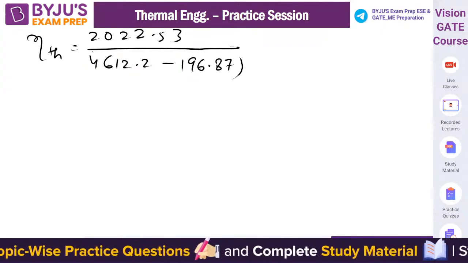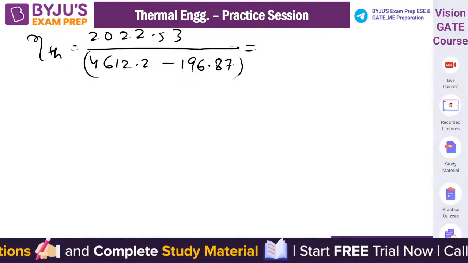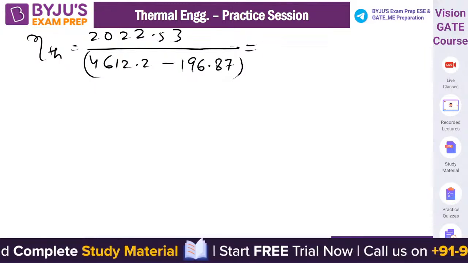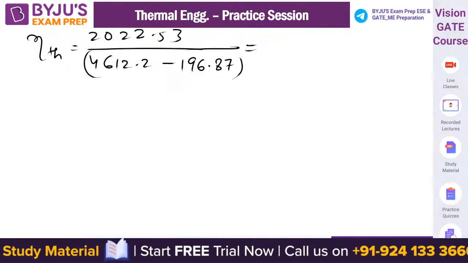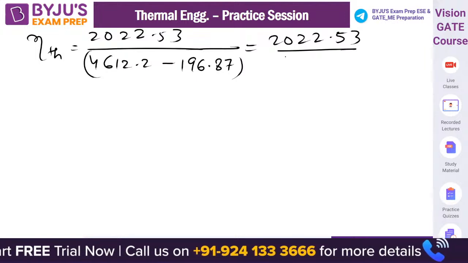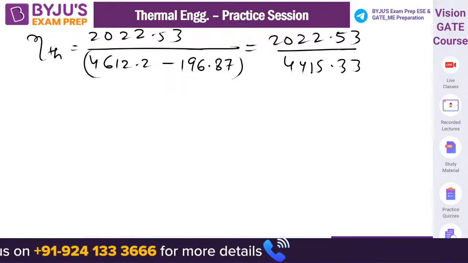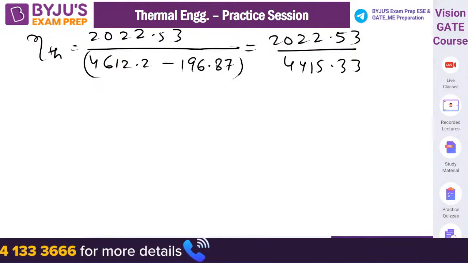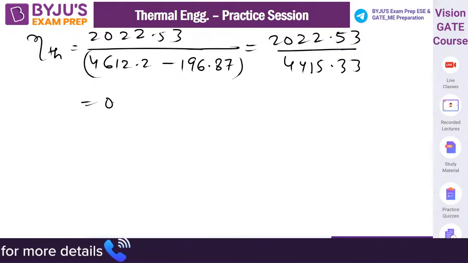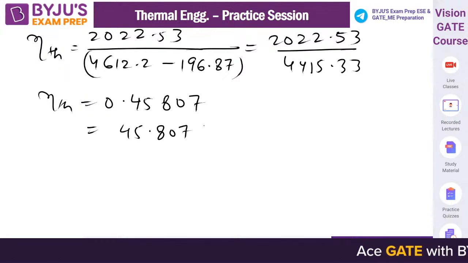Tell me, what do you get? 4612.2 minus this is 4415.33. 2022.53 divided by this is 0.45807, or in terms of percentage, 45.807%.